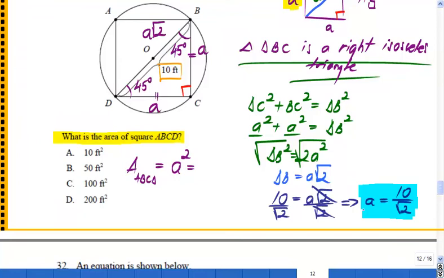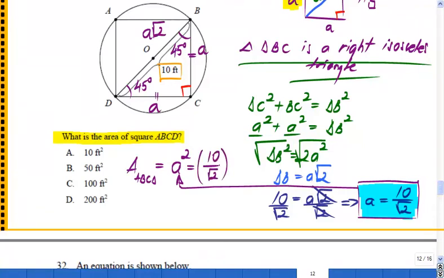What is my side? Well, my side is A, right? Well, that side A, we found how long it is, which is 10 over square root 2, and I would just square it. Okay? And this gives you what?